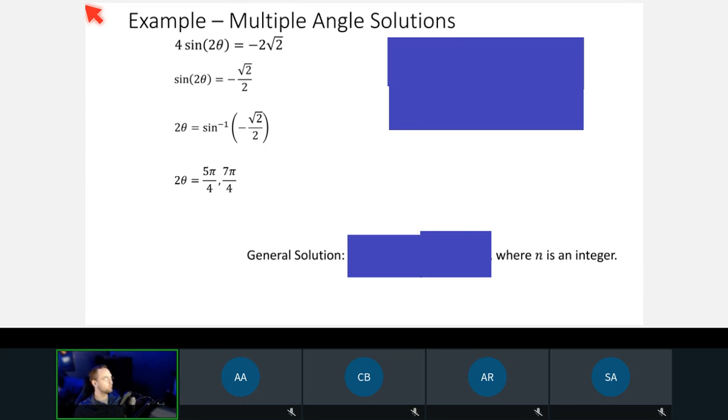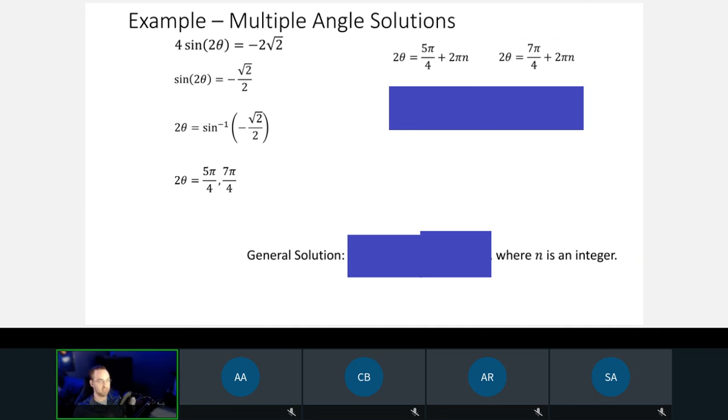I was looking for a very basic answer there. We set up the equations. So I have 2 theta equals the first angle, and we want this in general form, by the way, sorry. And then 2 theta equals the second angle in general form.